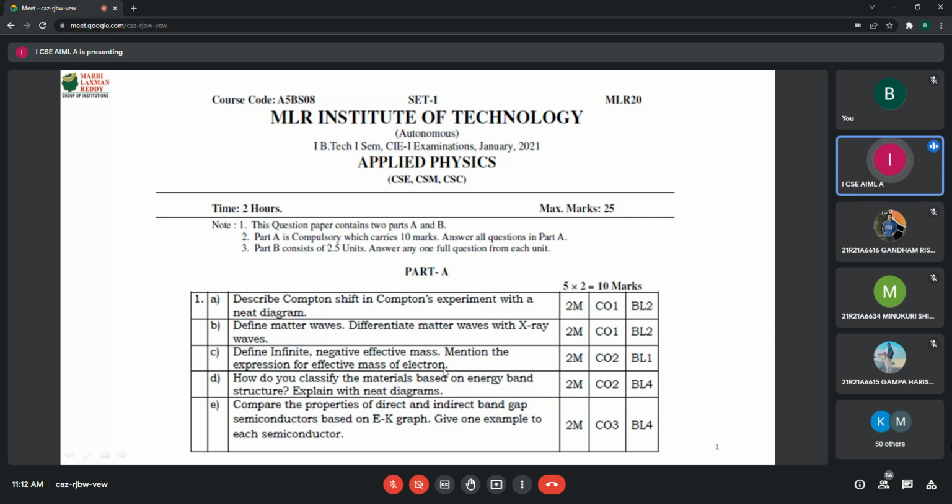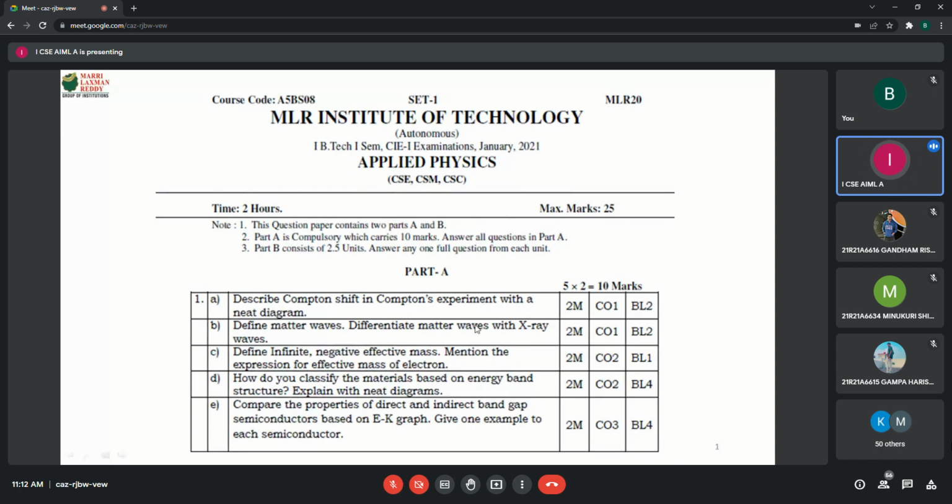You only have to write the expression; no need to derive here. M star is equal to h cut square by dou square E by dou k square is the final expression. If you have written that expression, you get 1 mark. For definitions, 1 mark. Total 2 marks. That's all. Is it clear?